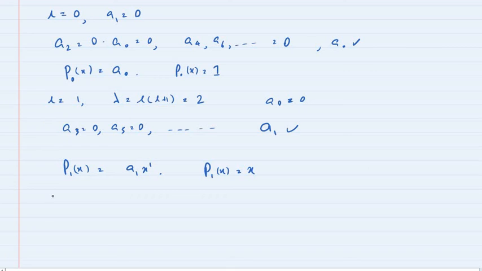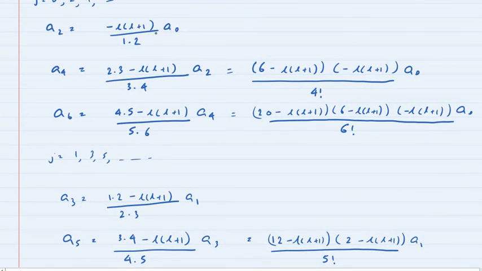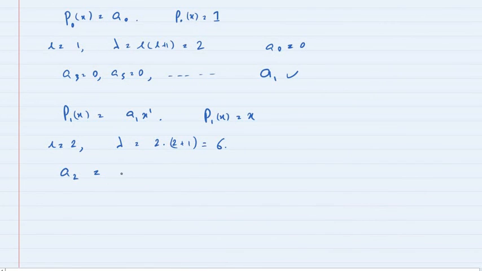Now let's consider the L equal to 2 case. Then lambda is equal to 2 times 2 plus 1, which is equal to 6. And A2 is equal to, from this equation, minus 6A0 divided by 2, which is equal to minus 3A0.